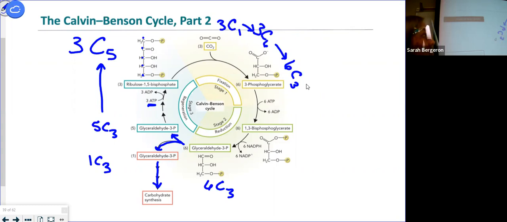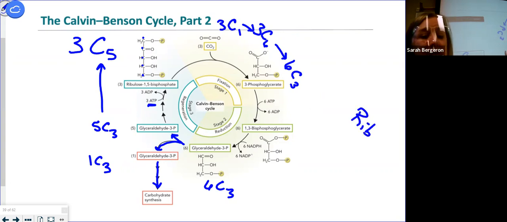Now, the delta G for this is very negative. It will happen, but it happens extremely slowly. So how do you get around that? I mean, this is enzyme driven. You can't speed this up any more than it is. What did I tell you about the primary enzyme that does this process? Remember what I called it?